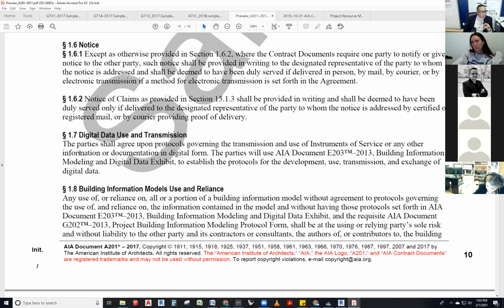So, notice of claims as provided in section 15.1.3 shall be provided in writing and shall be deemed to have been duly served only if delivered to the designated representative of the party to whom the notice is addressed by certified or registered mail, or by carrier providing proof of delivery. This is very, very critical again.